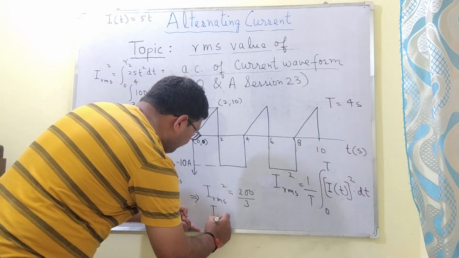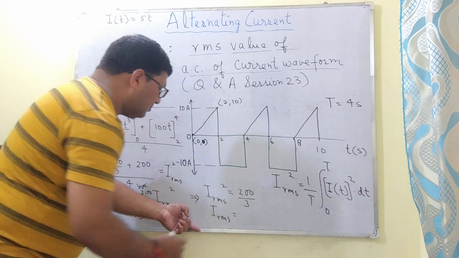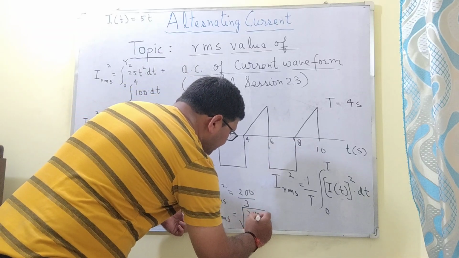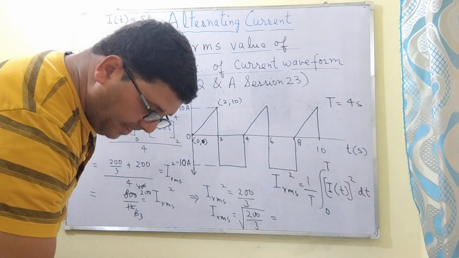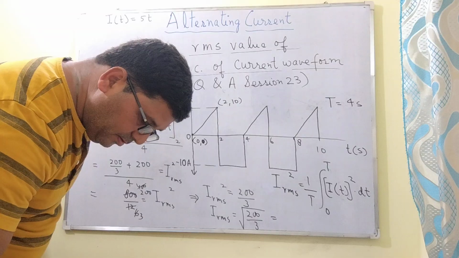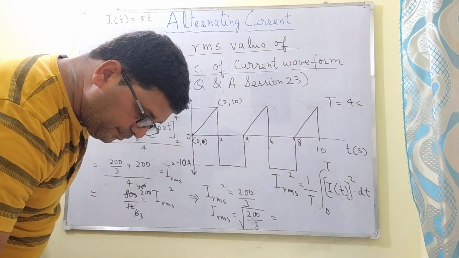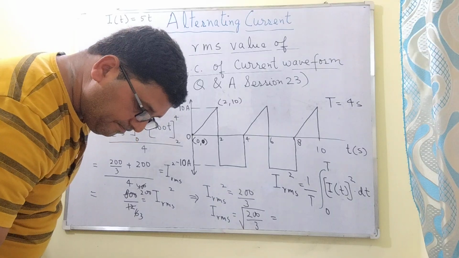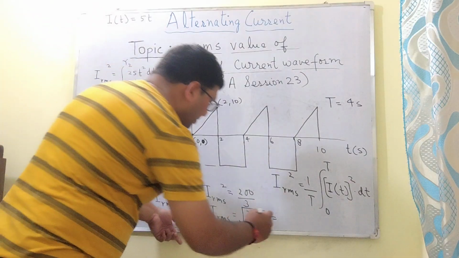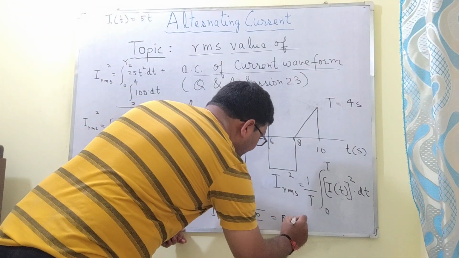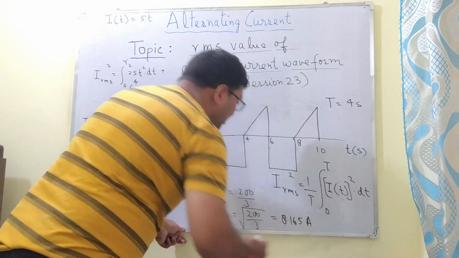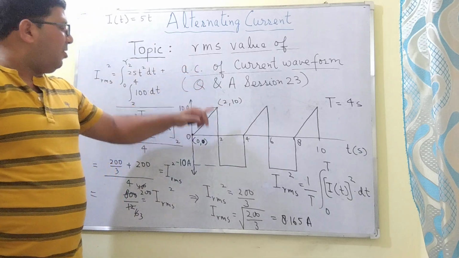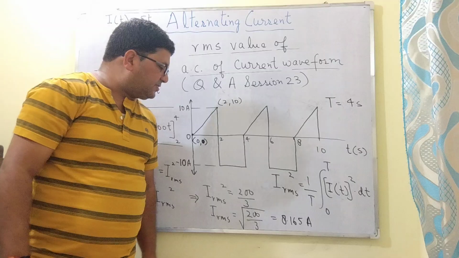So I RMS is equal to root 200 upon 3, and this will be equal to 8.165 ampere. So the RMS value of the alternating current of this current waveform is equal to 8.165 ampere.